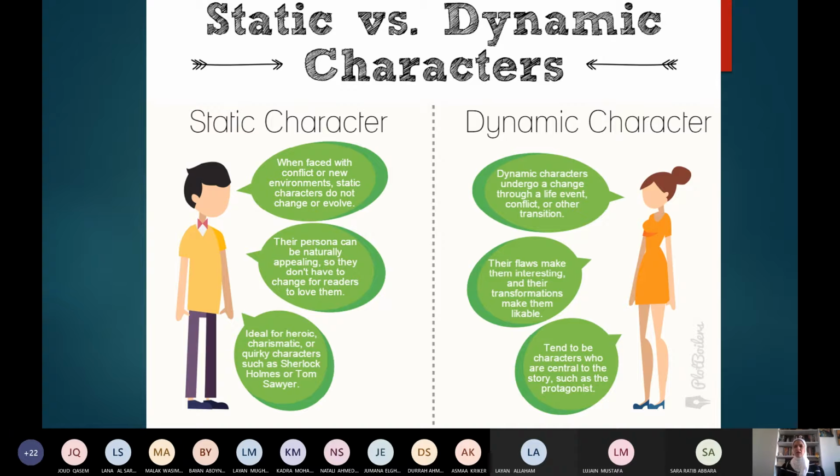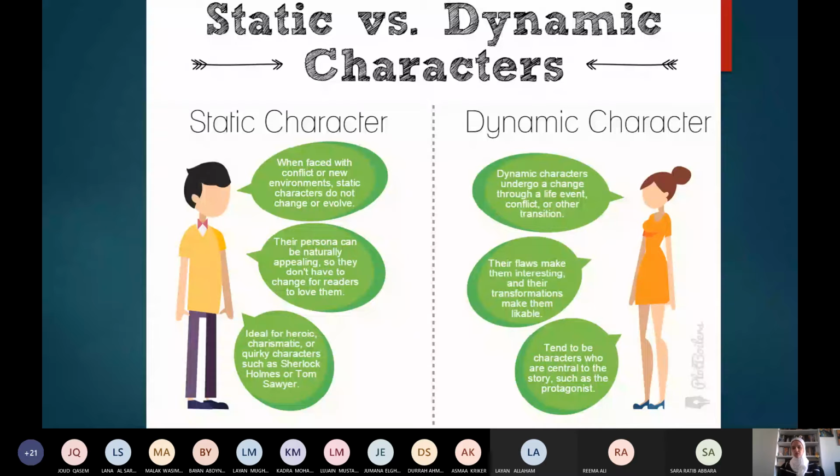What does it mean? You know Sherlock Holmes? Yes. Superman, any hero in a story. A hero doesn't change. Why? Because the hero is already a good person. Again, Sherlock Holmes was a detective. His personality is static. Why is it static?